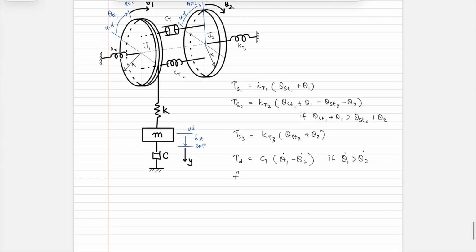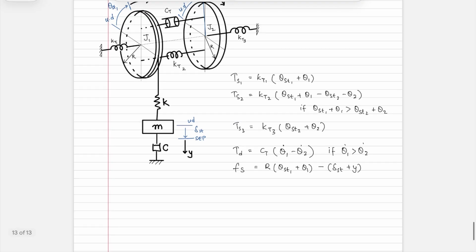Then for the spring, F spring is equal to R times theta st1 plus theta 1, minus delta st plus y. There's a net deflection.